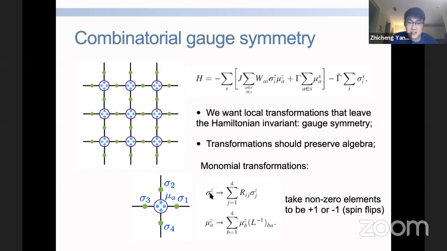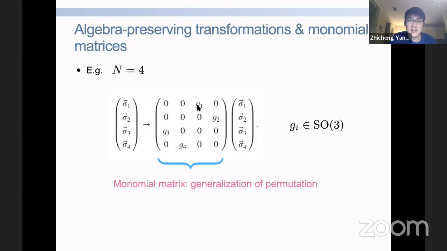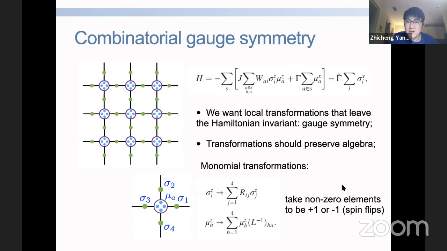Consider sigma_i going to R_ij sigma_j, where R is a monomial matrix, and mu going to mu times L. L and R stand for left and right, just to be intuitive. Also, since we're only considering Z2 transformations, instead of a general group, where in the monomial transformation I had elements of SO(3), here the non-zero elements of the R and L matrices we will take to be either +1 or -1.